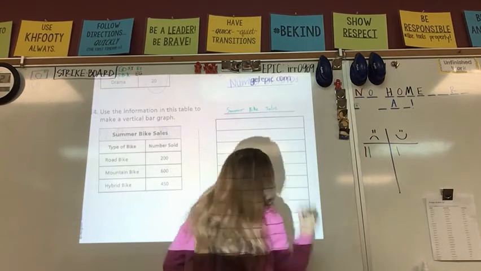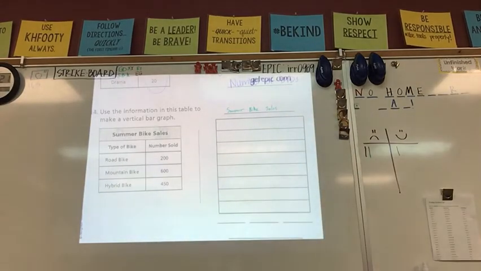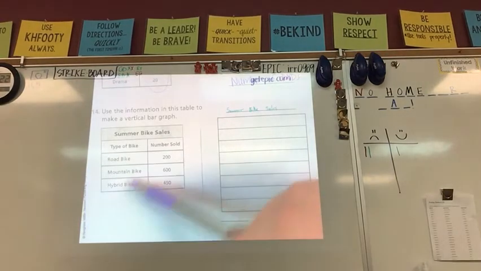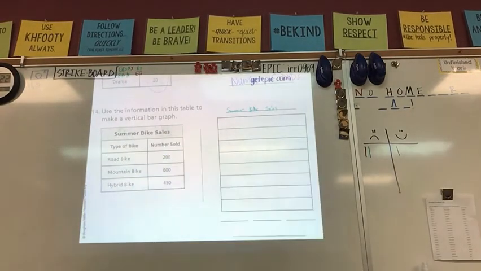Who can plug in this bottom label? What label would match with 3 different spots here? Maddie. Calvin, head up. Well, those are my 3.